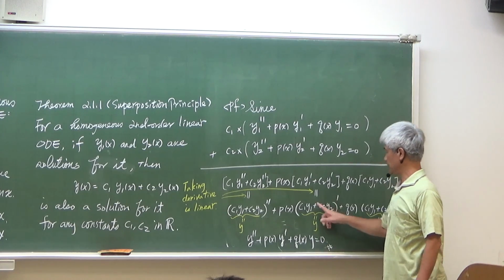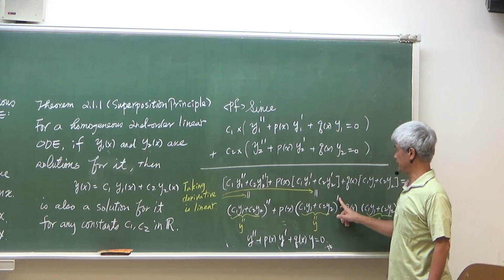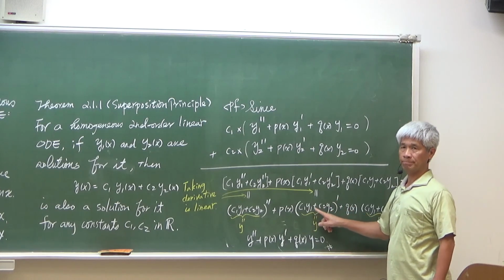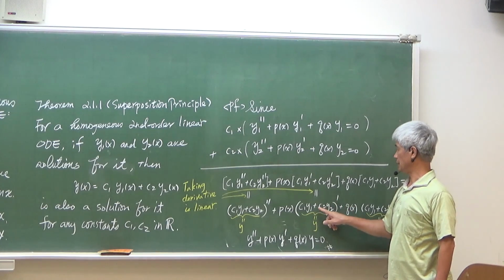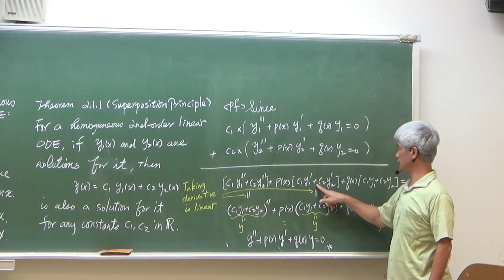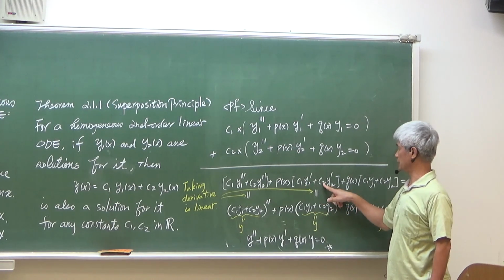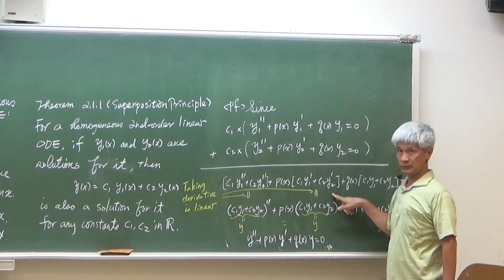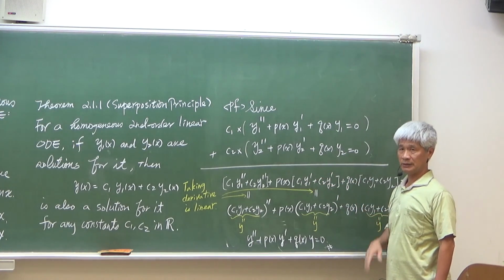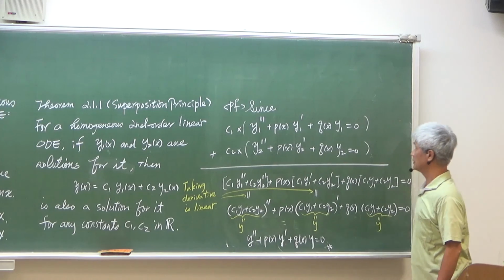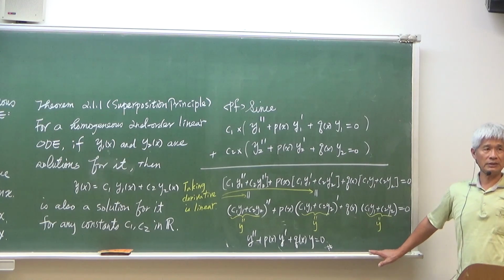Namely, if we want to find the derivative of the sum, this is equal to taking the same linear combination of the derivatives respectively. Any questions about the proof?